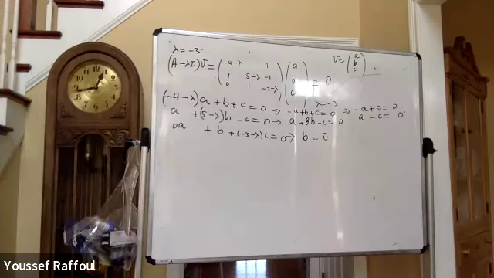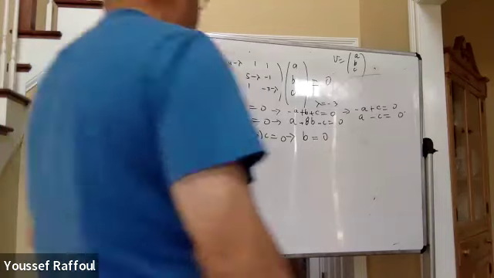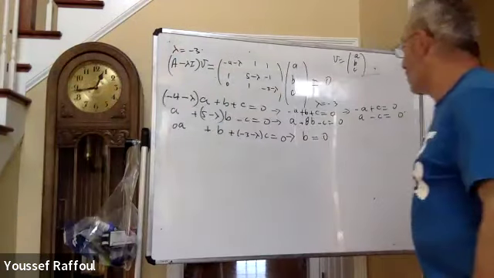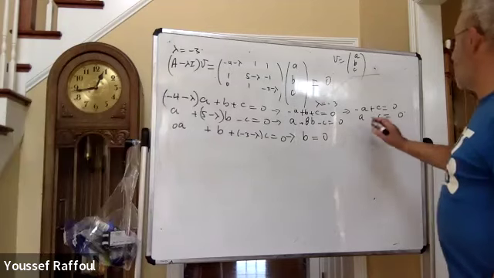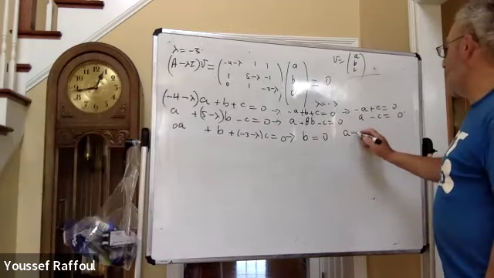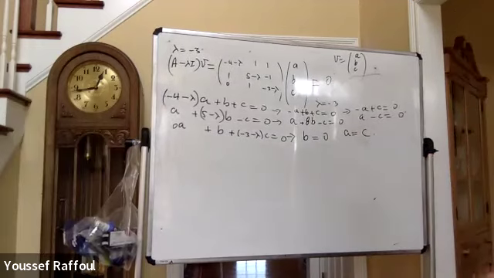Okay, so lambda equal -3, B equal to 0. Oh, so either equation gives me A equals C, either equation.